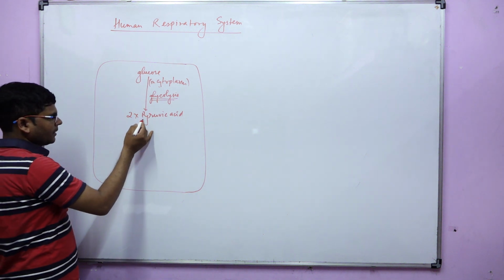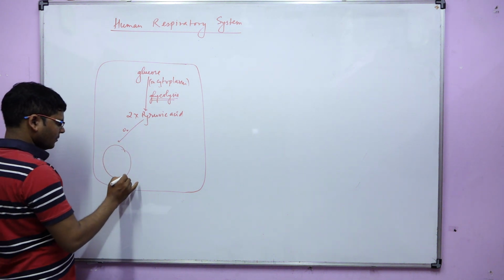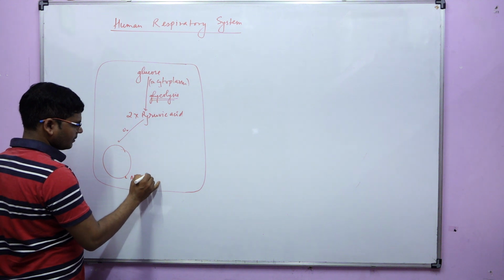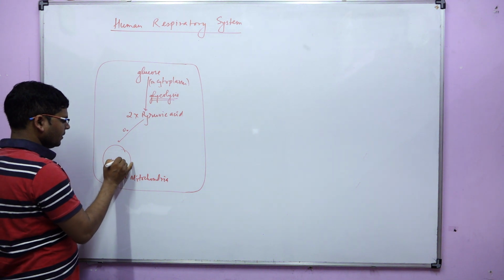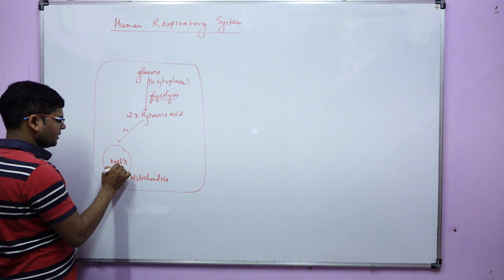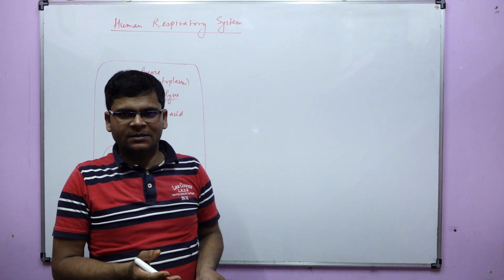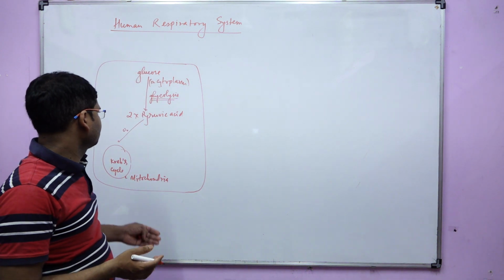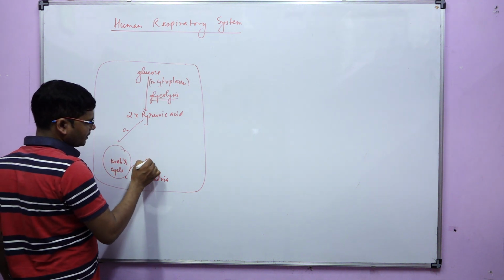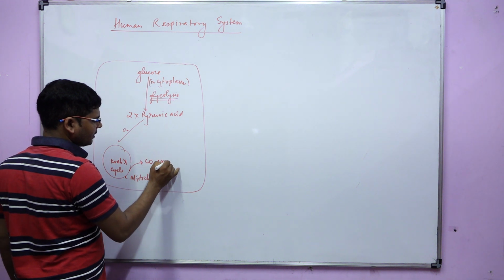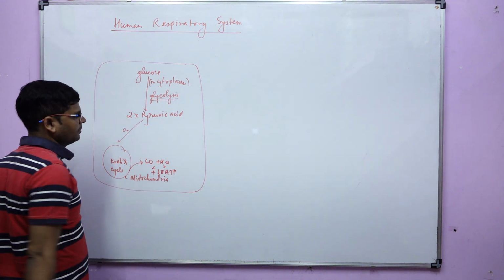If this pyruvic acid gets oxygen, then inside the mitochondria there is one important cycle called the Krebs cycle. The Krebs cycle has a series of events that utilize this pyruvic acid. Then it gives carbon dioxide and water, and enough energy is released, overall around 38 ATP.